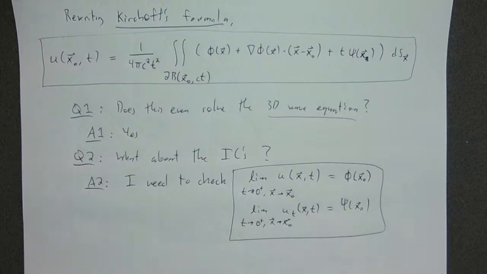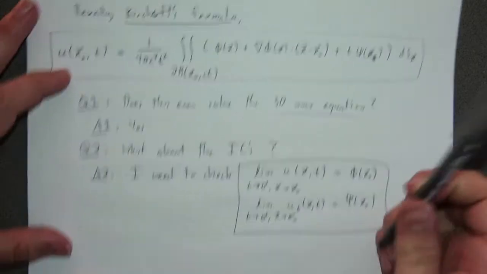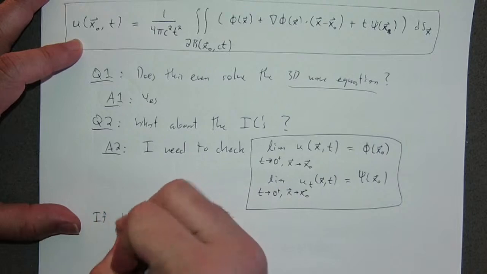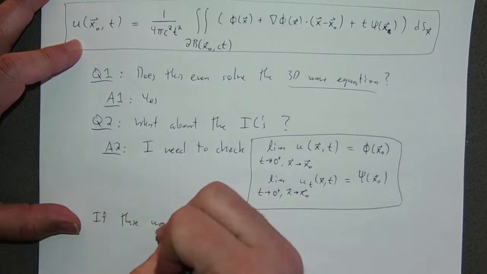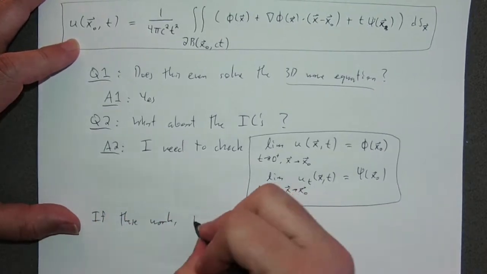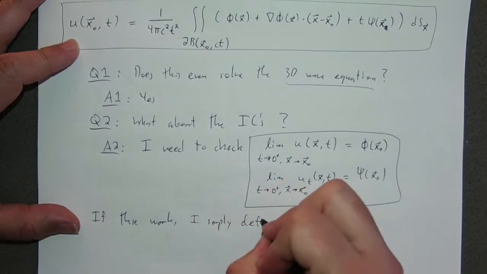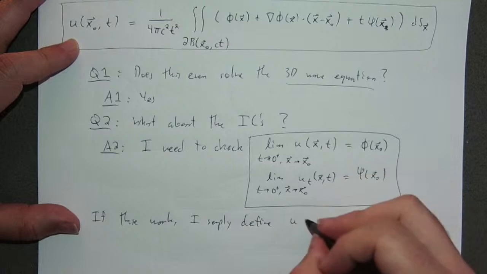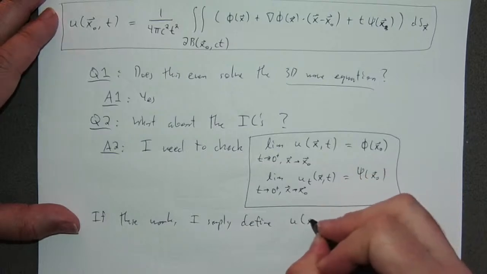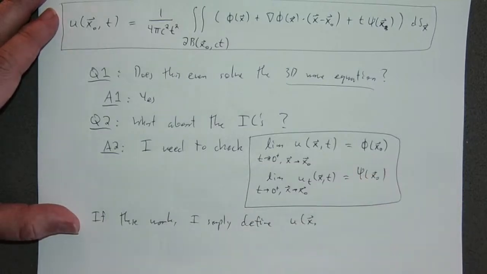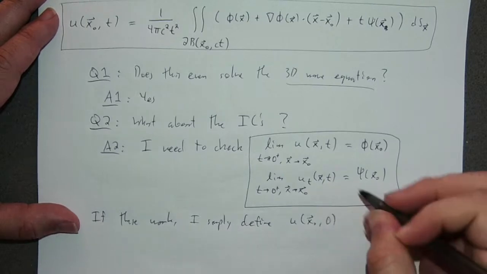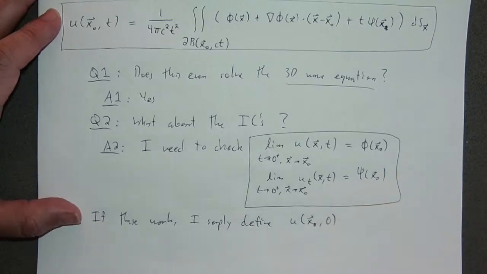Because if these limits work, then what do I do? I simply define u of x naught at 0 in such a way that makes this match up with the initial data.